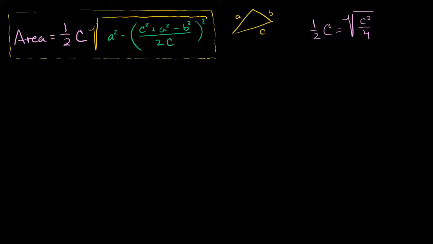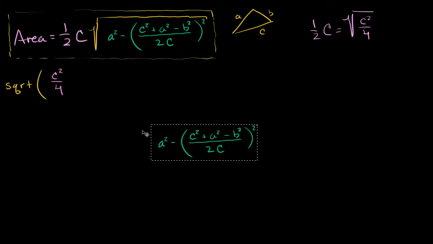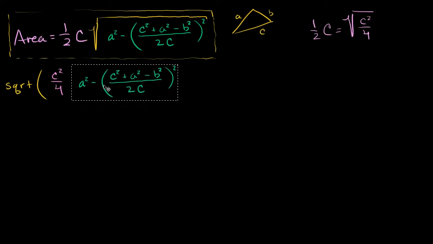So this whole expression is equal to, instead of drawing the radical, I'll just write the square root of c squared over 4 times all of that. And of course, it has to be distributed. So c squared over 4 times all of that. And then we have to close the square root.